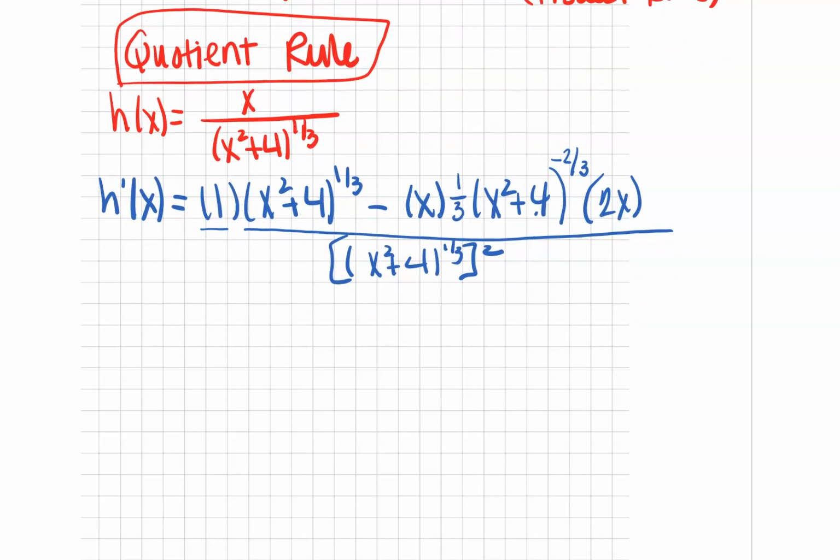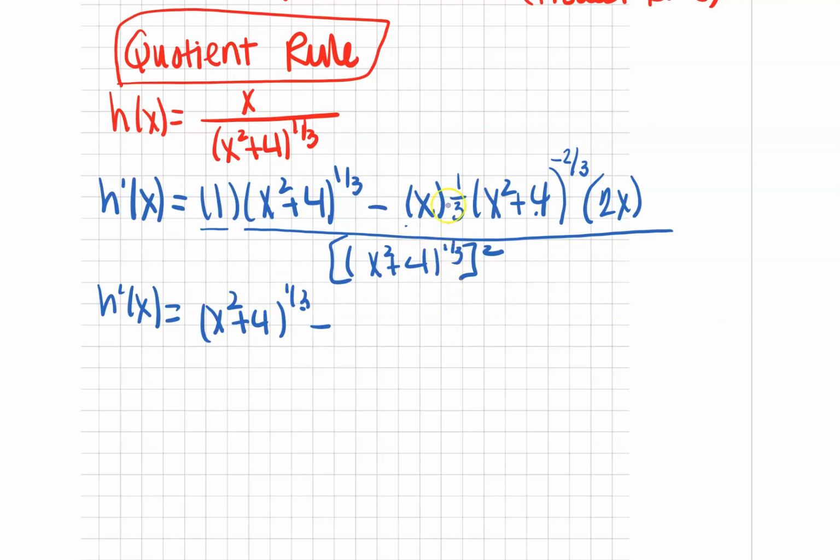So now it's time for the cleanup, probably your favorite part. First thing I'm going to do is clean up that numerator, and that gives me h prime of x is equal to (x squared plus 4) to the 1/3 minus, let's clean up that.